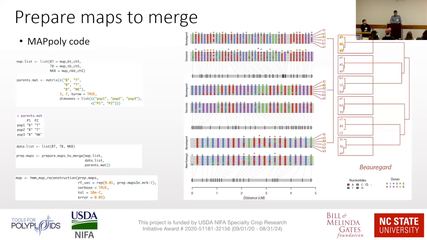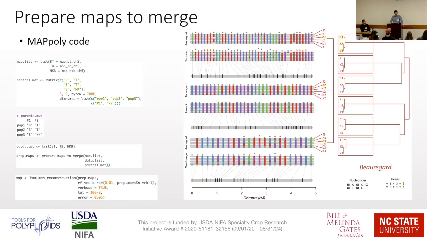Today I'm going to present what we have so far. These functions are in a branch in my MAPpoly GitHub, not in the main branch. They're still experimental, so if you use these functions, please use them with caution.